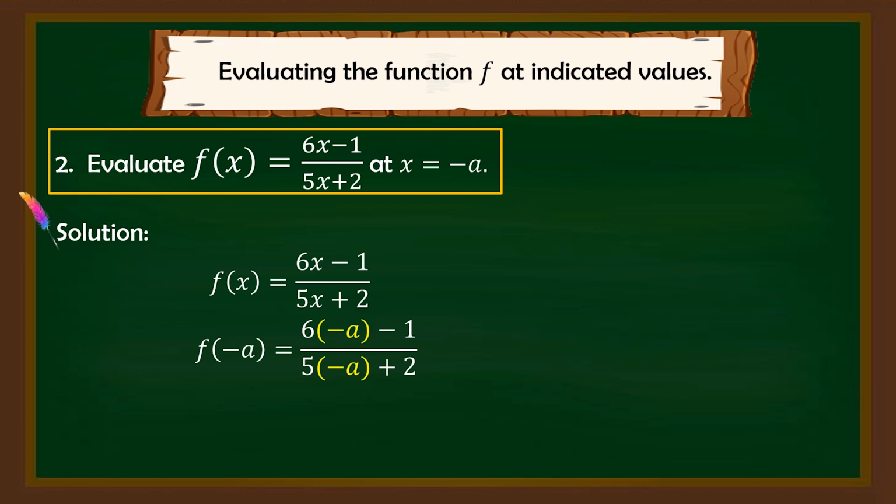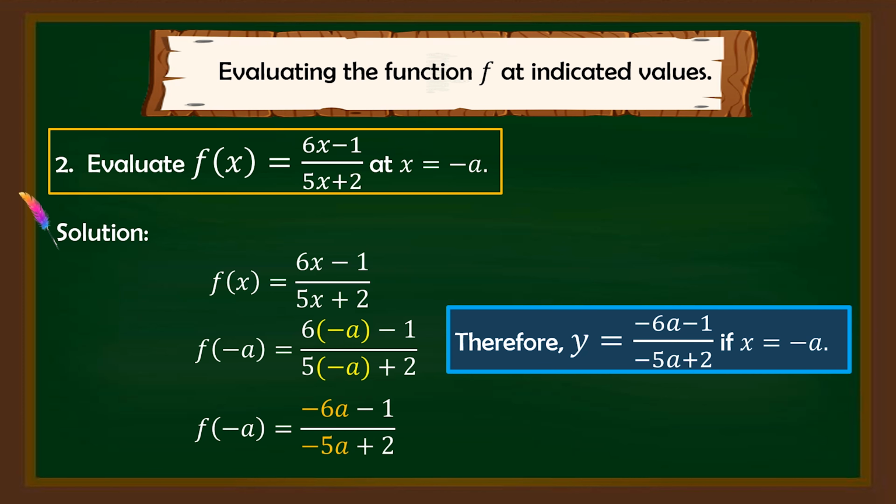Then simplify. So we have f of negative a is equal to negative 6a minus 1 over negative 5a plus 2. Since we cannot simplify this one any further, therefore, y is equal to negative 6a minus 1 over negative 5a plus 2 if x is equal to negative a.